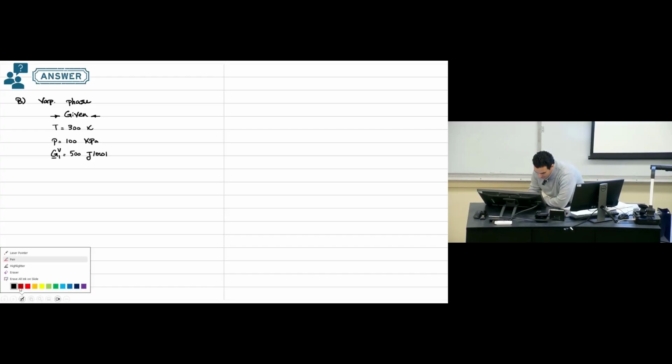This is the given. And the required: at 300 Kelvin, pressure 1 kilopascal, what will be the molar Gibbs free energy for vapor at this condition?